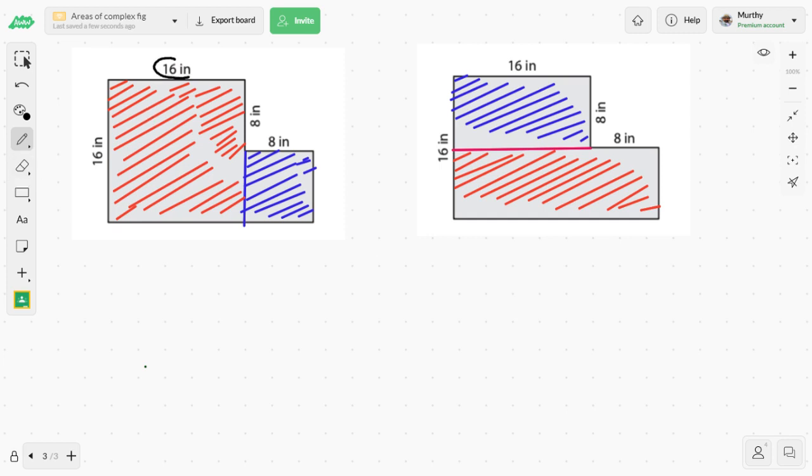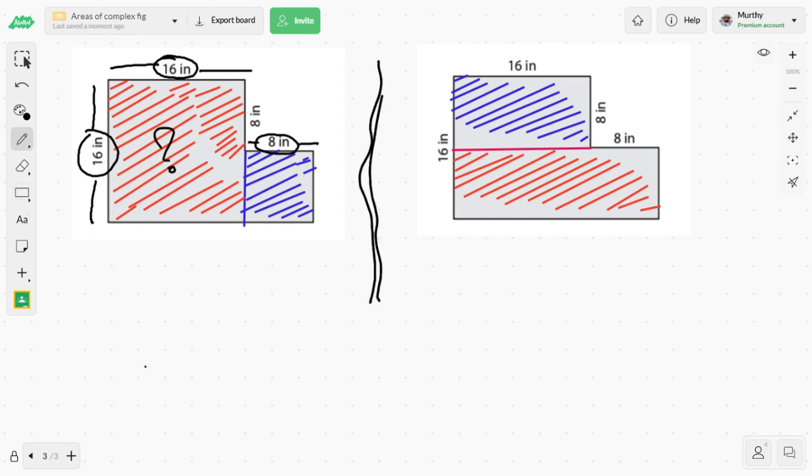I know that the length of this rectangle is 16 and width is also 16. Therefore, I can compute the area of this, because length times width gives me the answer. And here length is given as 8. I don't know the width of this. Then how to figure it out? Let's leave this one for a while and we'll think of the second one.